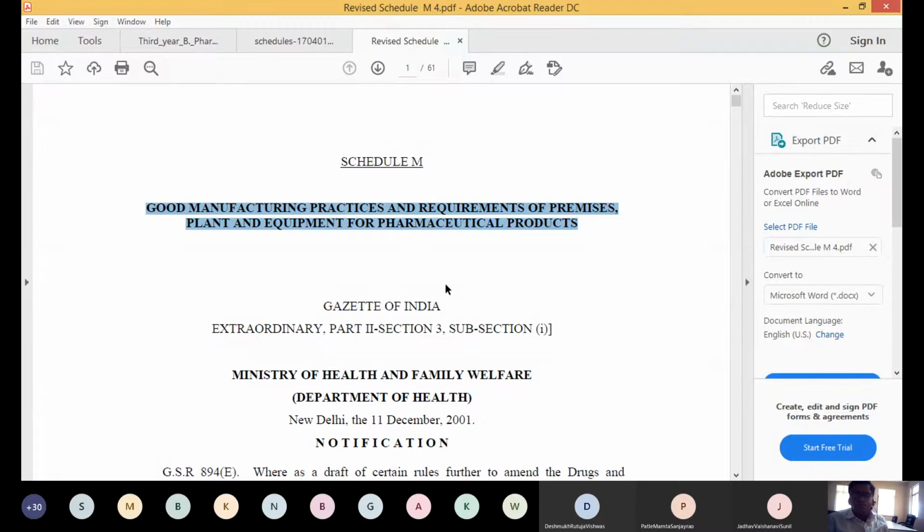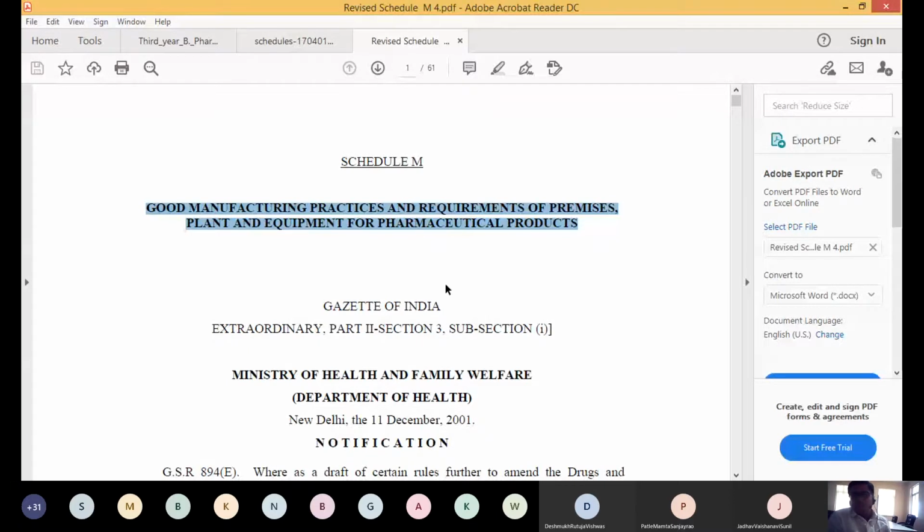If you study Schedule M properly, you are able to understand the setup of a factory, how a factory should be set. There is no need of other guidance. Schedule M itself is guiding us about how a factory should be set, and that setup is according to the Drugs and Cosmetics law.